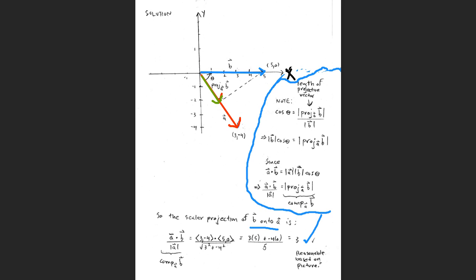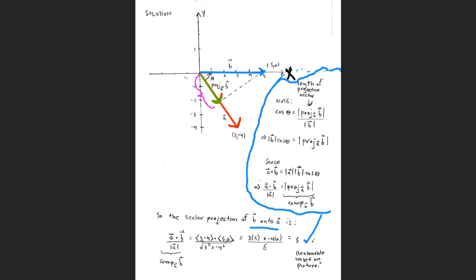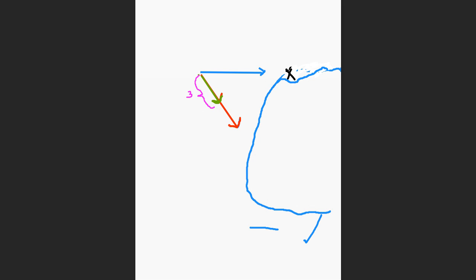And is that reasonable based on the picture? In other words, if we look at this green projection vector, and if we were to take a guess at how long the vector is, given the scale that we have, it's not perfect, but I'd say it's about 3, a distance of 3, wouldn't you, roughly?